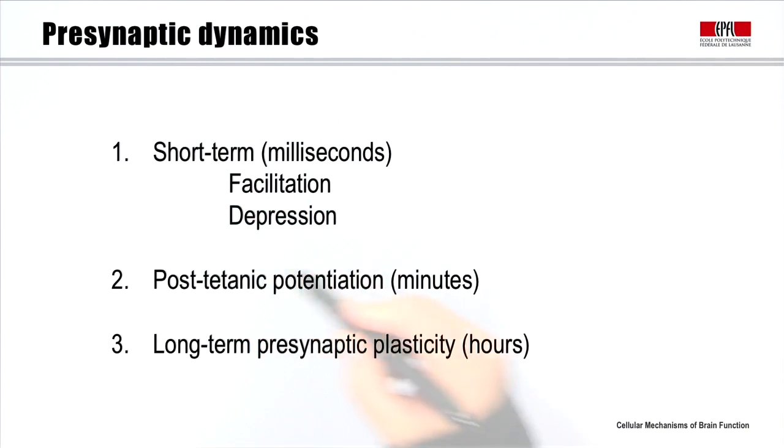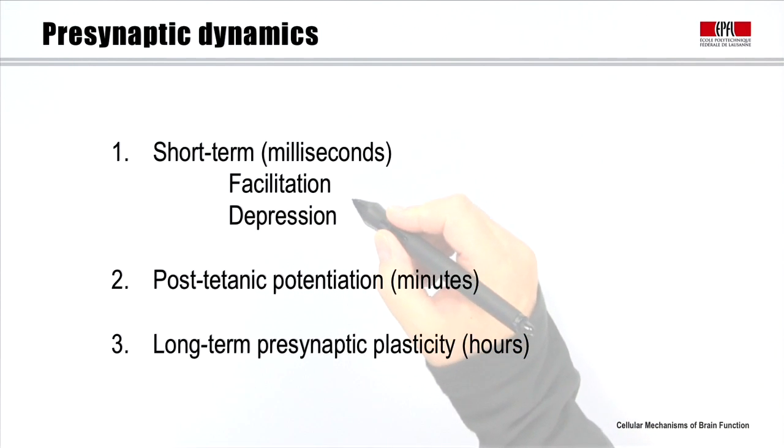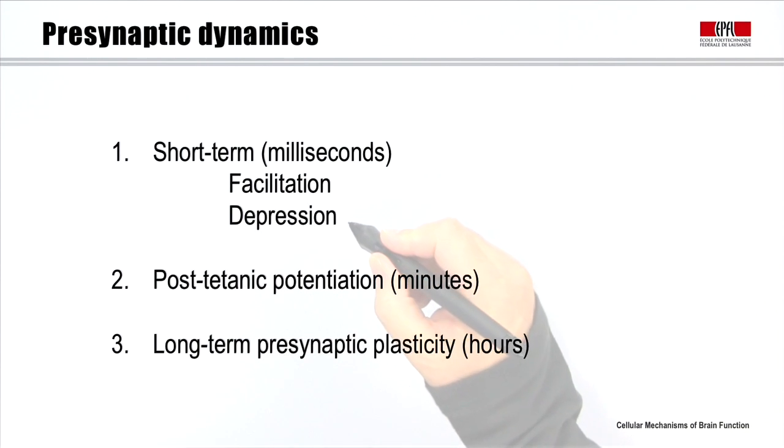We can have short-term synaptic plasticity, a form of short-term dynamics that occurs on a timescale of less than 1 second. Typically, 10 milliseconds, 100 milliseconds is the timescale of interaction between neighboring action potentials. It can be divided into 2 forms: facilitation, where subsequent action potentials increase the amount of neurotransmission, and depression, where consecutive action potentials induce less and less release of neurotransmitter.